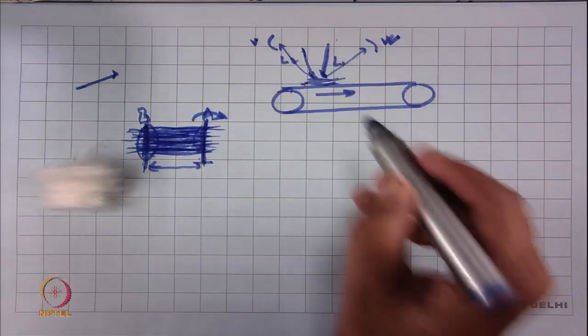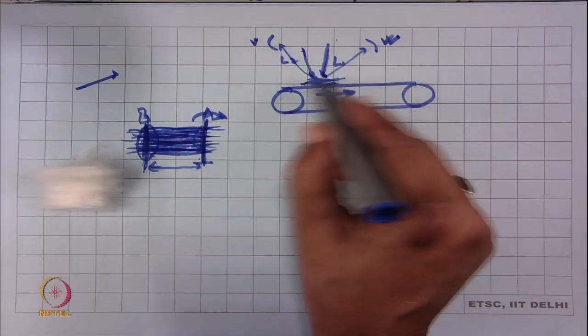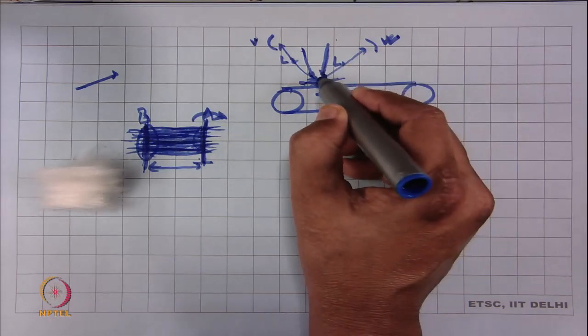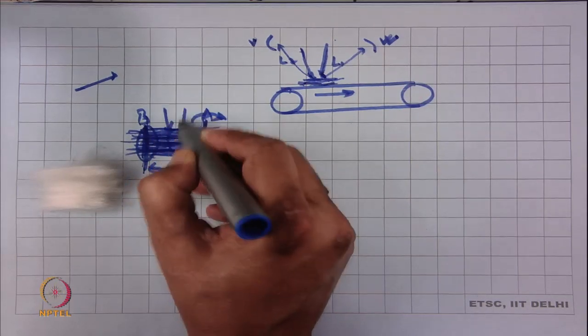Now, the fiber fringe is moving along with the belt. At the center, suppose the two lights are falling here.